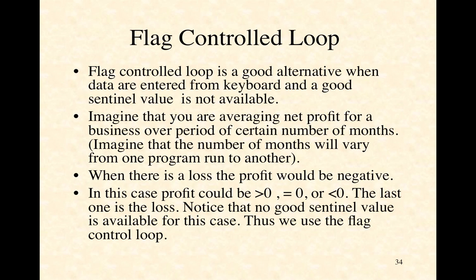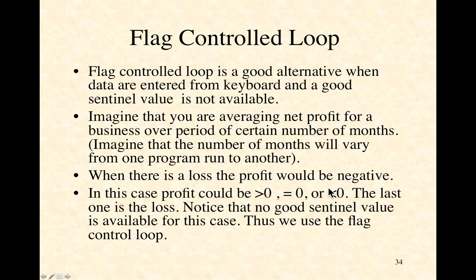Imagine that you are averaging net profit for a business over a certain number of months, and imagine that the number of months may vary from one run of the program to another. If there is a variable profit recording the profit, it could be greater than 0, in which case the company made money and there was a real profit. Or it could be 0, meaning neither a profit nor a loss.